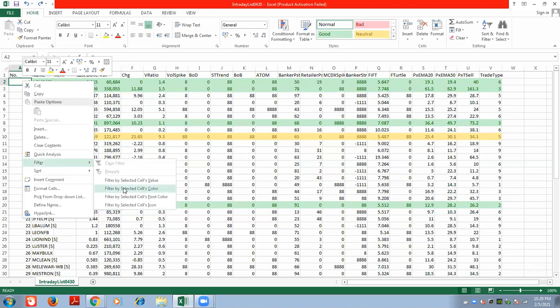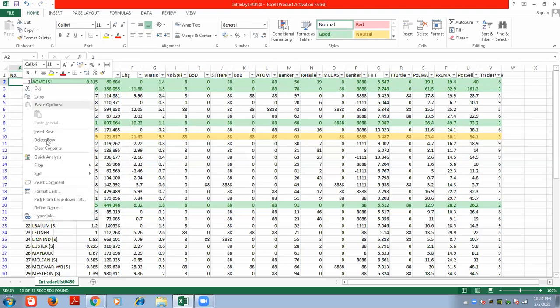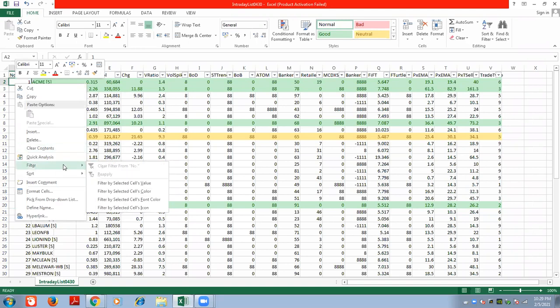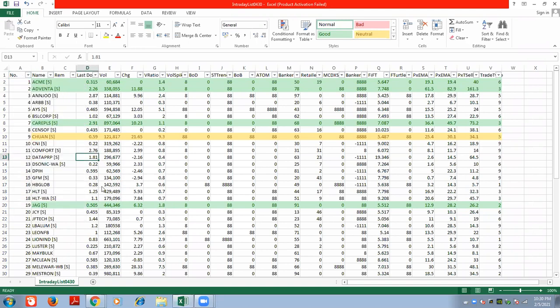Filter by color, cell color. Okay, I try again. Never mind. Just take this.